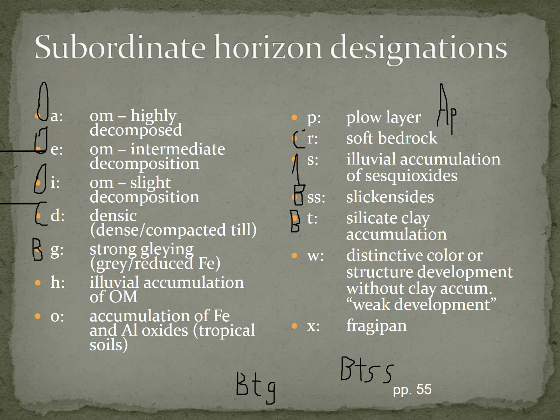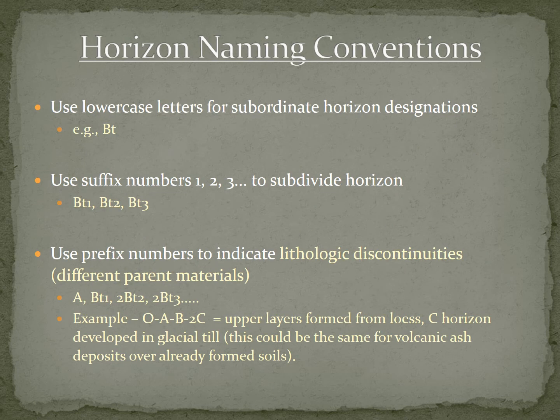A BTSS horizon would be a B horizon where there's an accumulation of clay and slickensides. And I'll be showing you examples of what slickensides are. I know you've probably never heard of that term. Stay tuned. Another example of a B horizon is a young profile where there's not much accumulation.